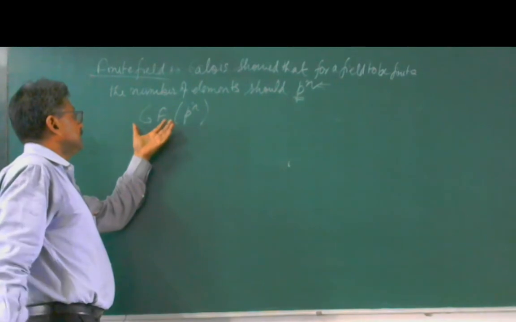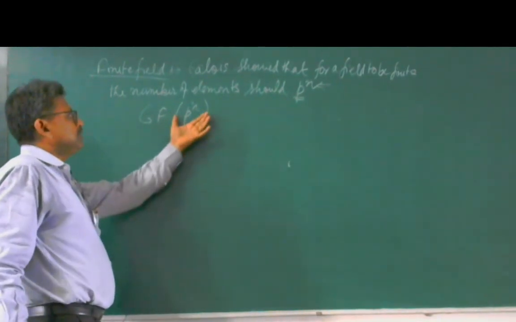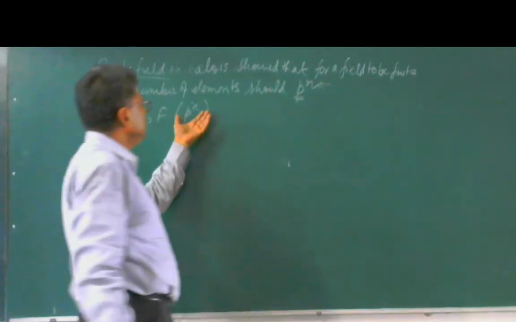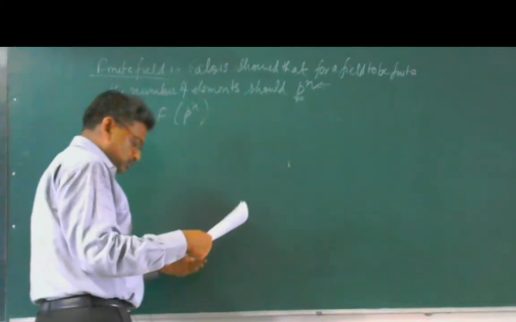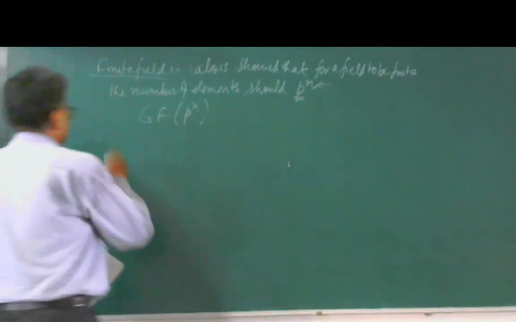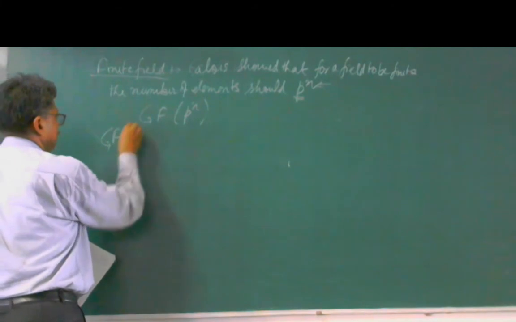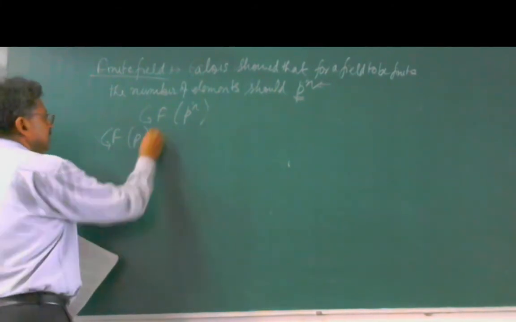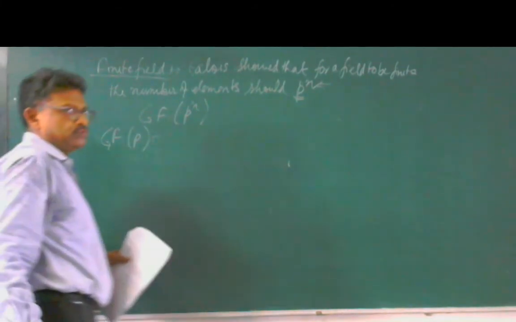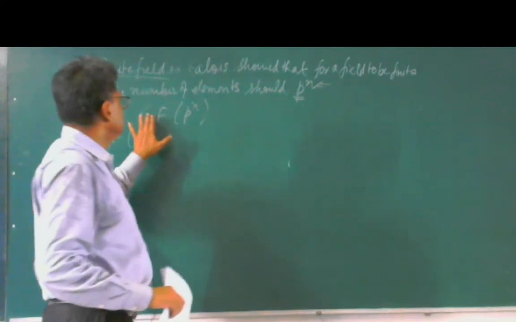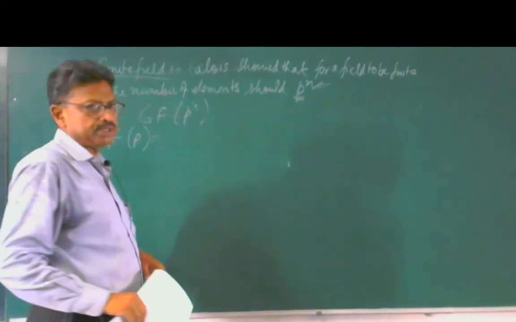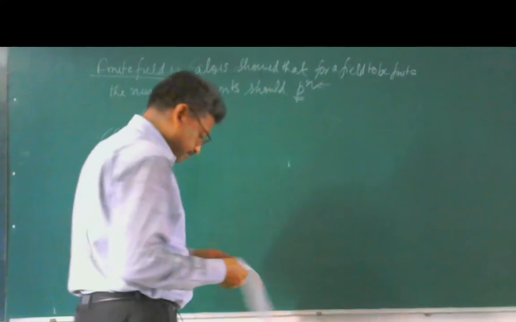GF stands for Galois field, having a finite number of elements, represented by p to the power n. Now if we consider that n is equal to 1, then GF(p^n) will be represented as GF(p).